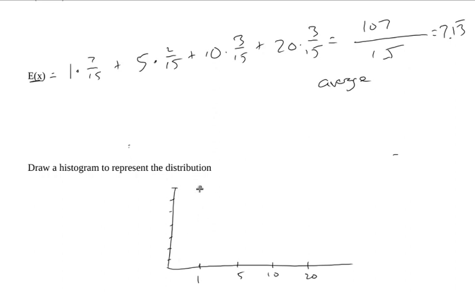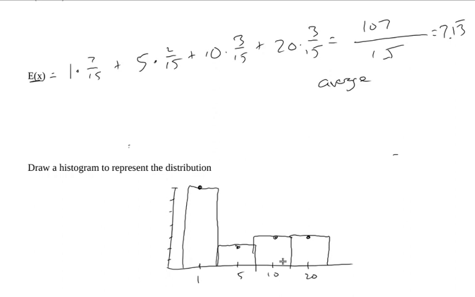I have a probability of 7 out of 15 up here. I have the probability of 2 out of 15 here, 3 out of 15 there, and 3 out of 15 there. So if I was to draw my histogram, it would look something like this. This is just a bar chart of all the different outcomes and their associated probabilities. That's what my histogram looks like here.